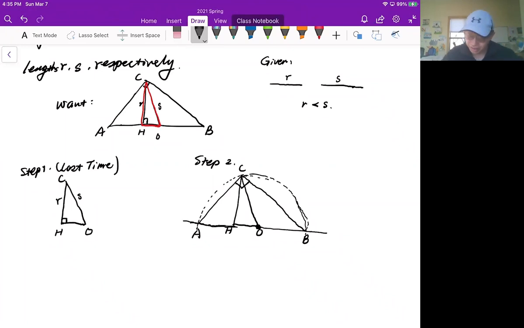Second condition: this is a right angle, so CH is the altitude to the hypotenuse, and the length of the altitude is R. Third, I want CO to be S and also CO to be the median. Why is it a median? Because O is the center of the circle, so OA equals OB. So this is the median. The altitude is here and the median is here, and then we are done.